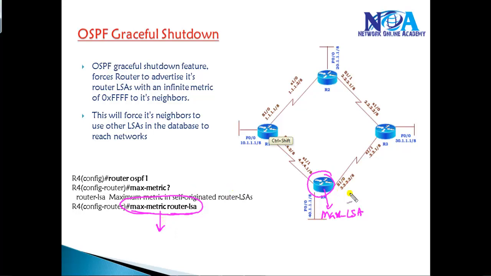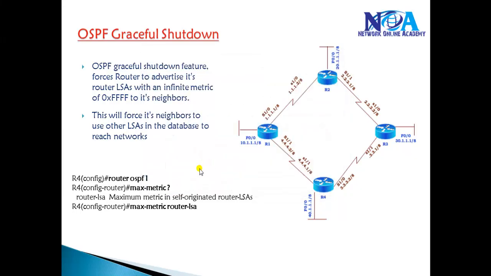Now this router is going to advertise to all the routers that to reach its networks, it is using the maximum infinite metric, which is going to force the other routers, that is router 1 and router 3, to use the alternate path to reach the networks instead of going via router 4. That's what the OSPF Graceful Shutdown feature will do.